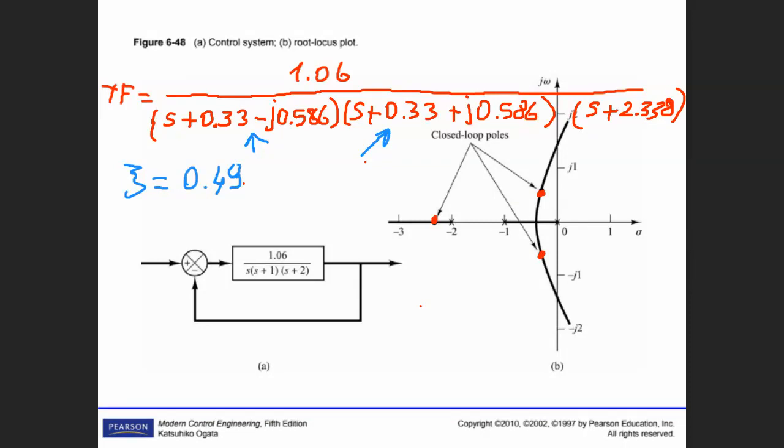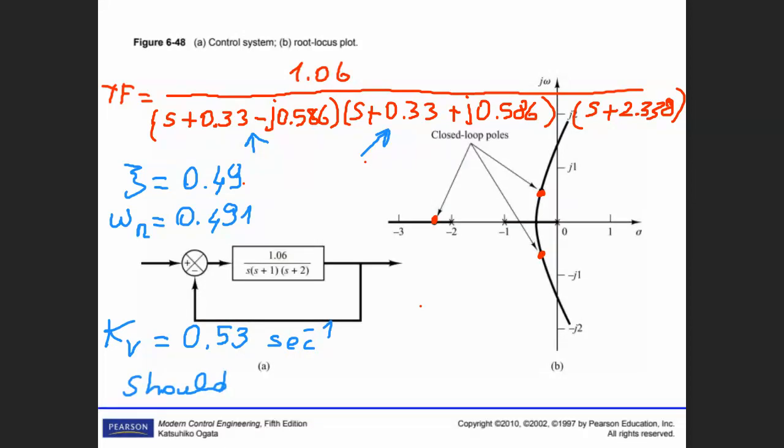And the omega n is equal to, however kV, which is calculated 0.57, sorry, 53. kV should be 5 at least. What am I going to do?